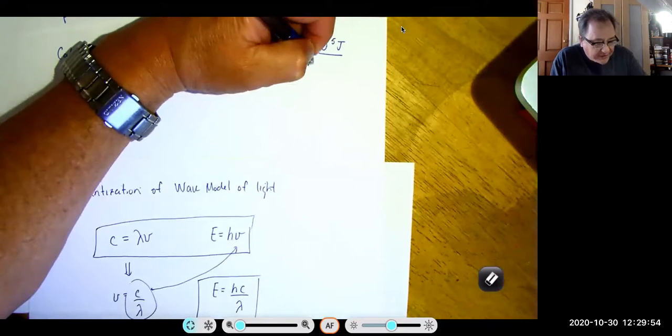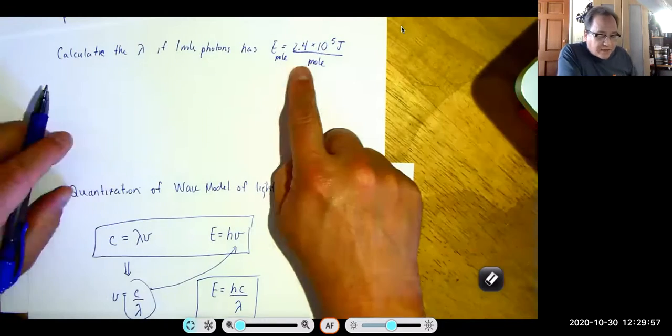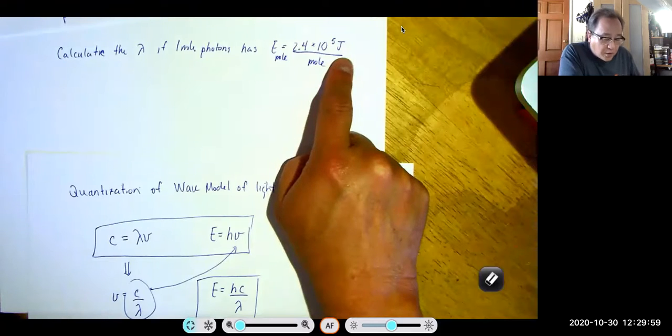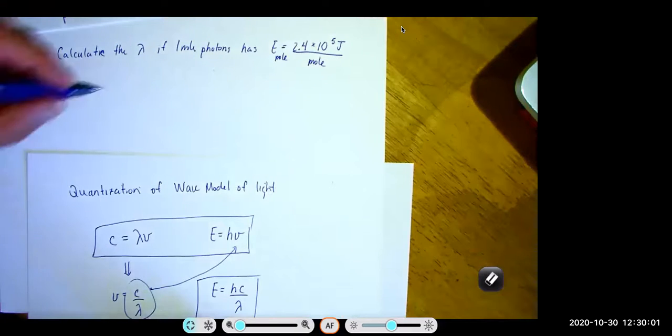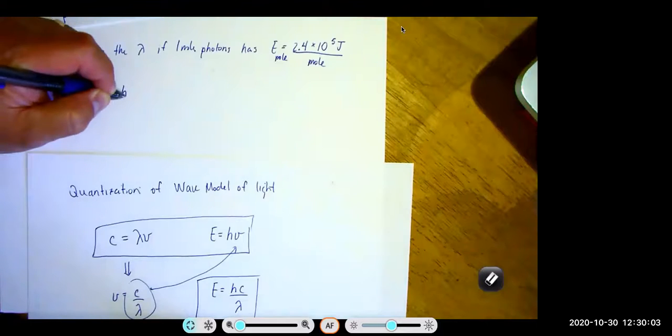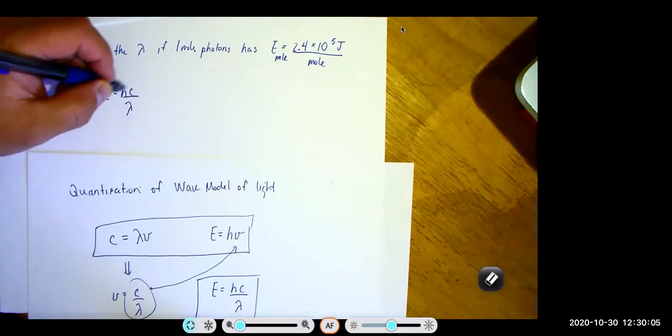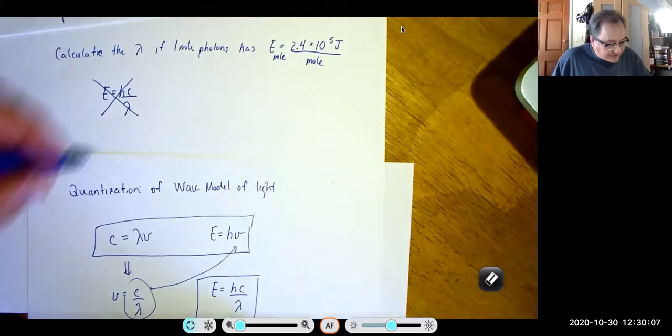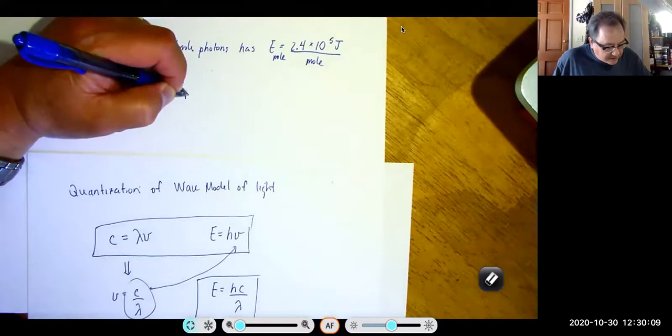Oftentimes they say the energy is 2.4 times 10 to the 5 joules per mole. We can't use this equation because this is the energy of 1 photon.